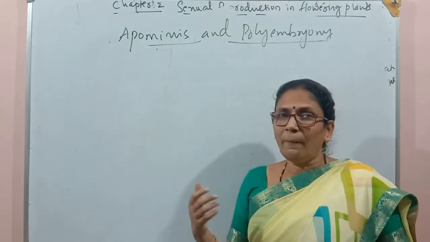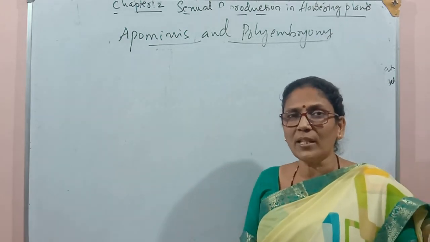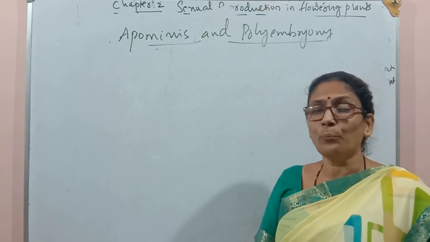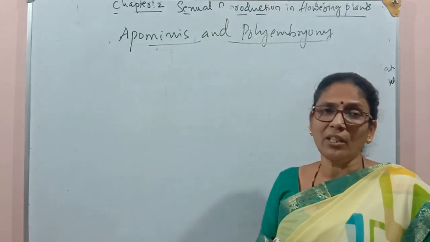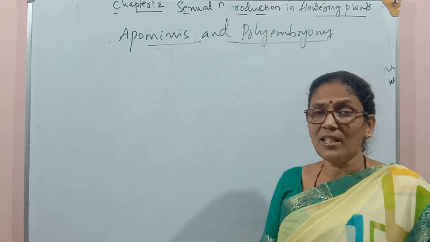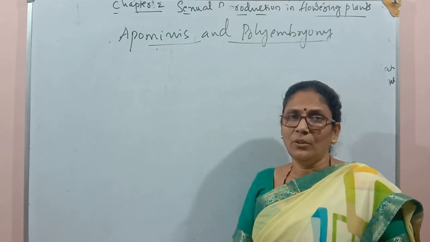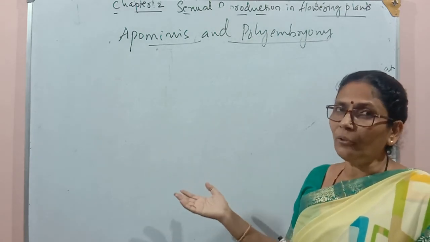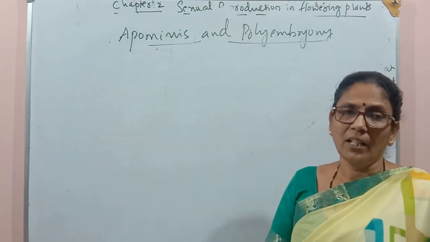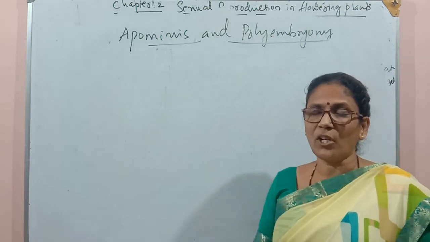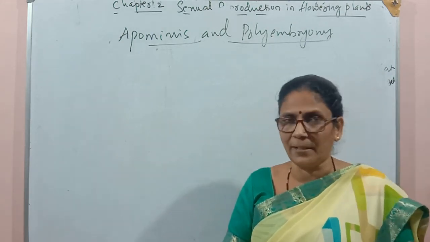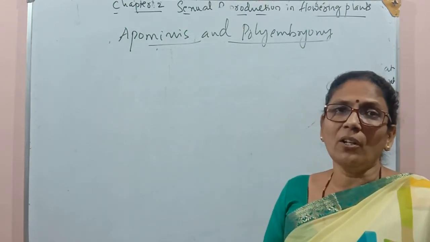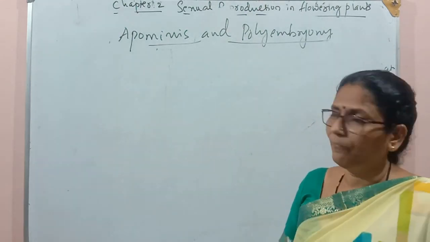The farmer can use the same seeds every year, but hybrid seeds have to be produced every year. This is another benefit. Also, compared to the production of hybrid vigor, it is cheaper, because production of hybrid varieties is costlier. So these are some of the benefits of using apomictic seeds.